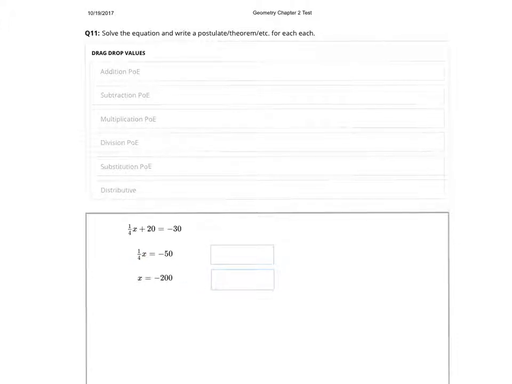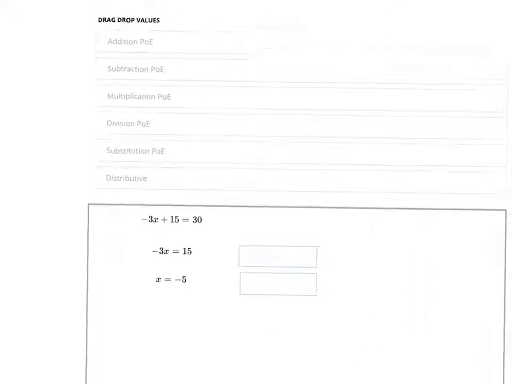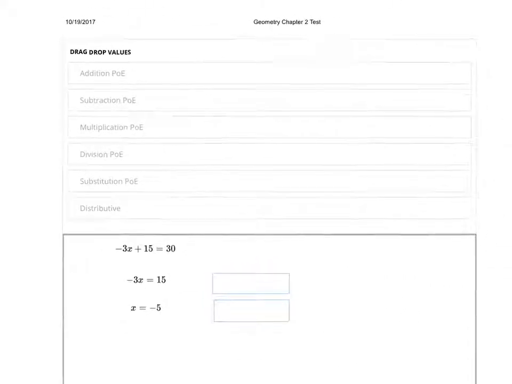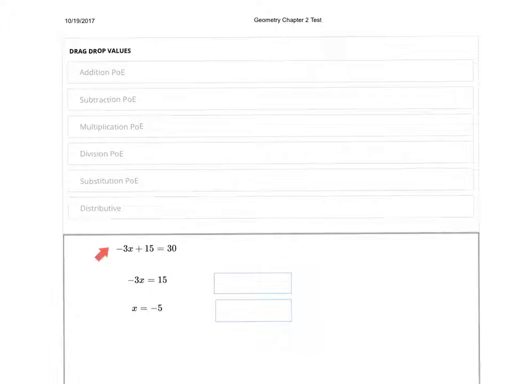Work out the problem on your own. Fill in the steps, okay? That'll help you in determining which of these properties goes in the box. Okay, number 12, the exact same thing. Just doing another problem. Okay, they did all the work down here for you. You just need to find the property that goes into the box.